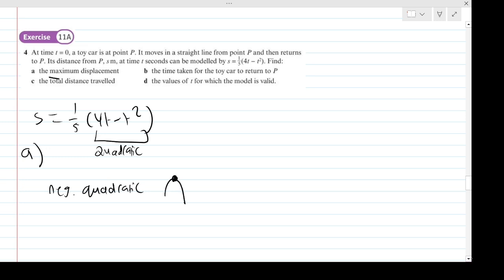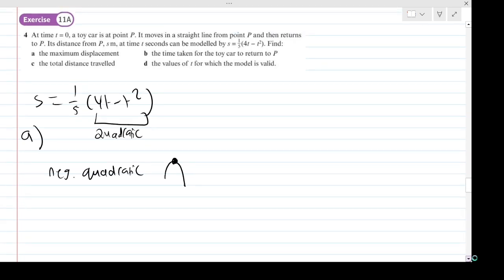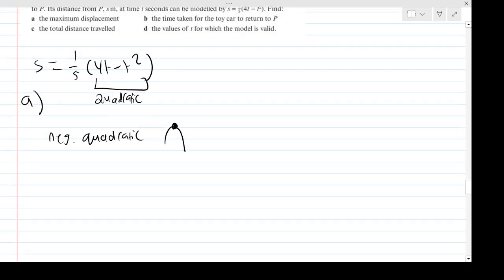So actually to find the maximum for S just means I need to find the maximum of this equation. But actually we know how to find the maximum, right? You could use differentiation, or you could just go back to basics and complete the square. That would give me the maximum as well.